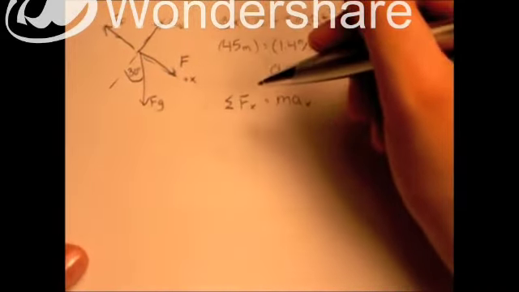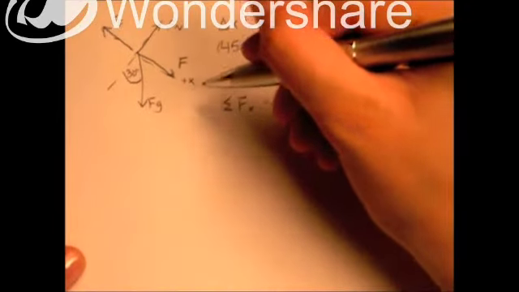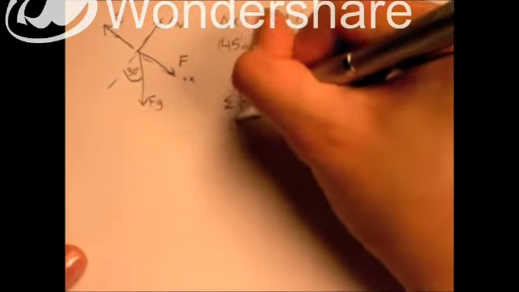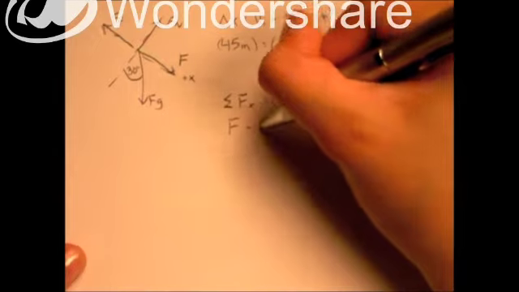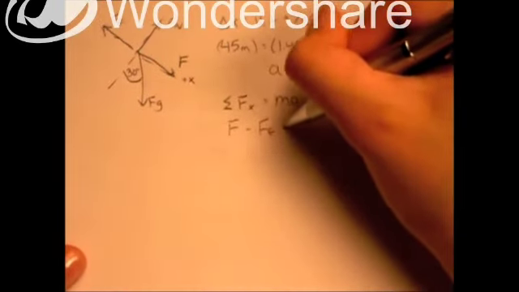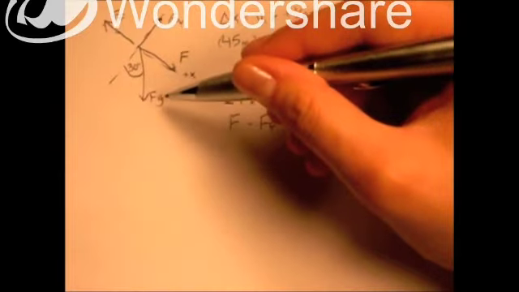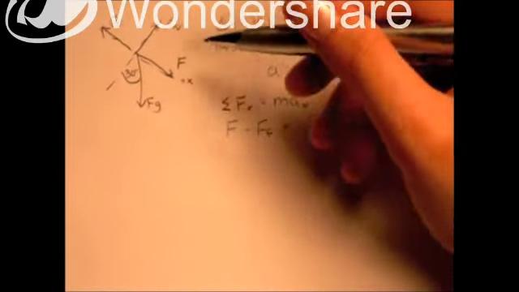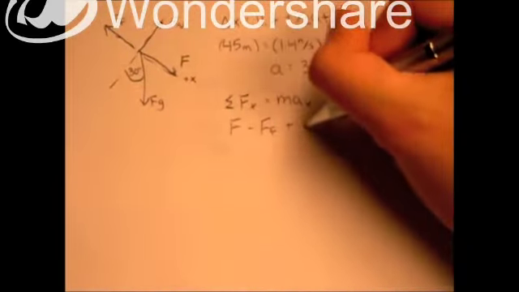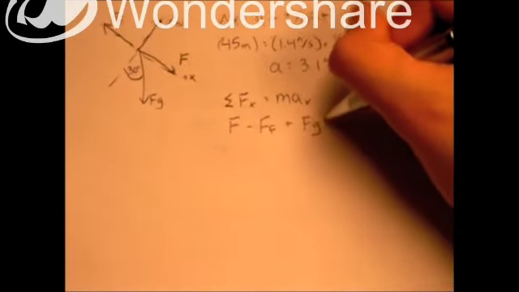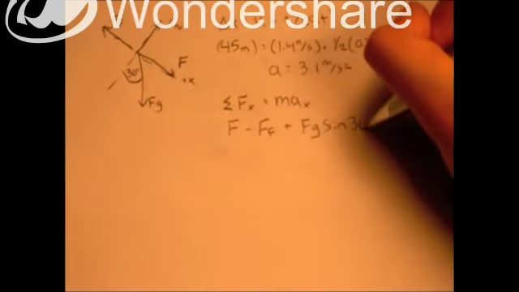Using our free body diagram over here, we can add up all the forces acting in the positive x direction. So F minus the force of friction plus the component of the force of gravity acting in the positive x direction, which would be Fg sine of 30.